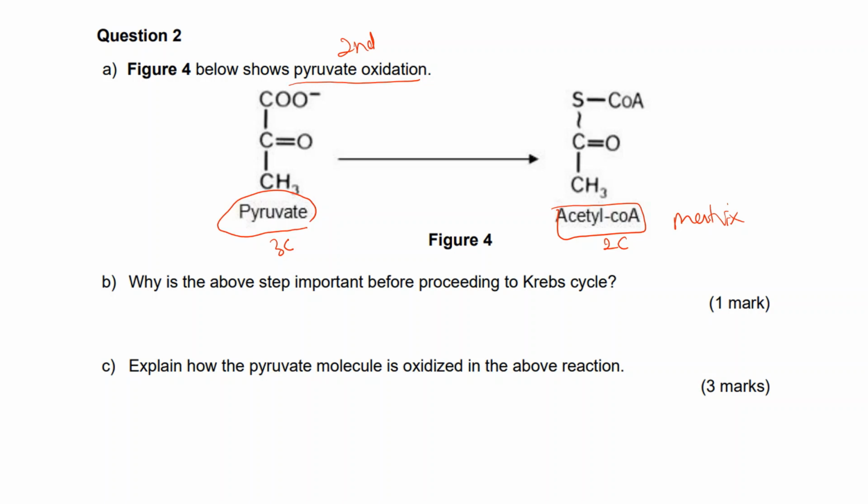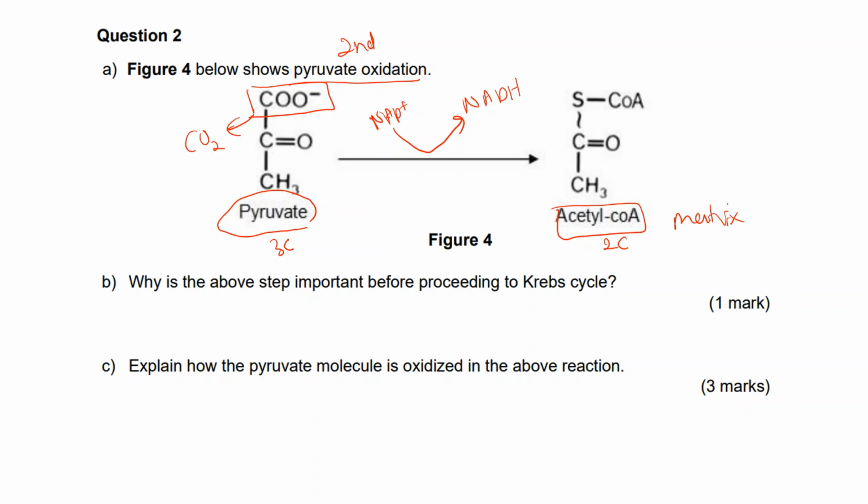In this reaction, it also involves the removal of the carboxyl group of pyruvate as carbon dioxide. In the process, NADH molecule is also produced from NAD plus molecule. So this is what happens during pyruvate oxidation.